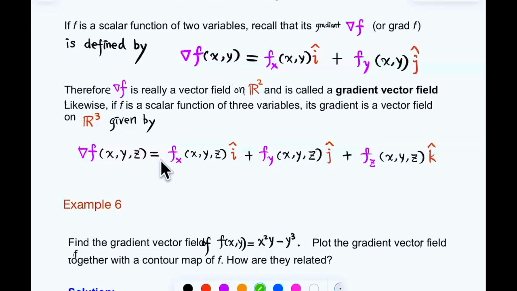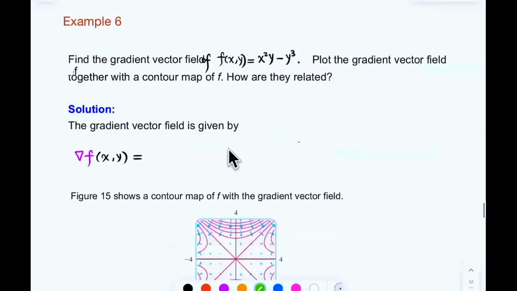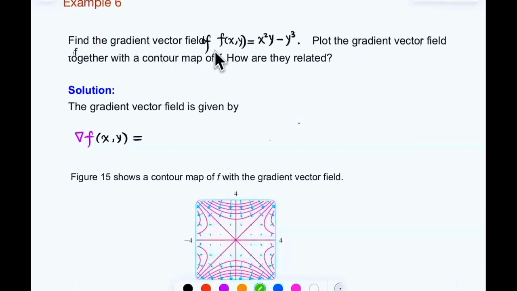And the gradient of a scalar function in three variables is a vector field in V3. Okay? All right, now let's look at an example. Can you find the gradient vector field of this? This function here is a scalar function in how many variables? Two variables. Then the gradient vector field will be in V2, right?